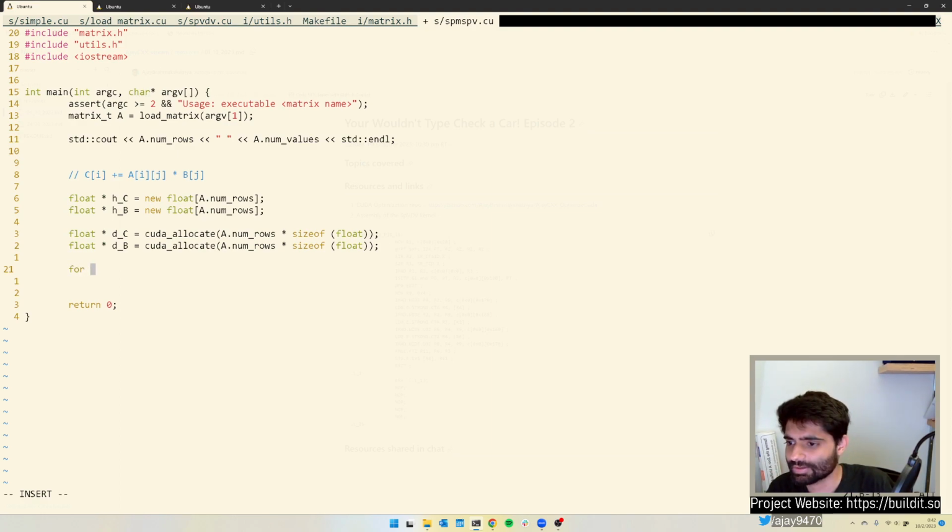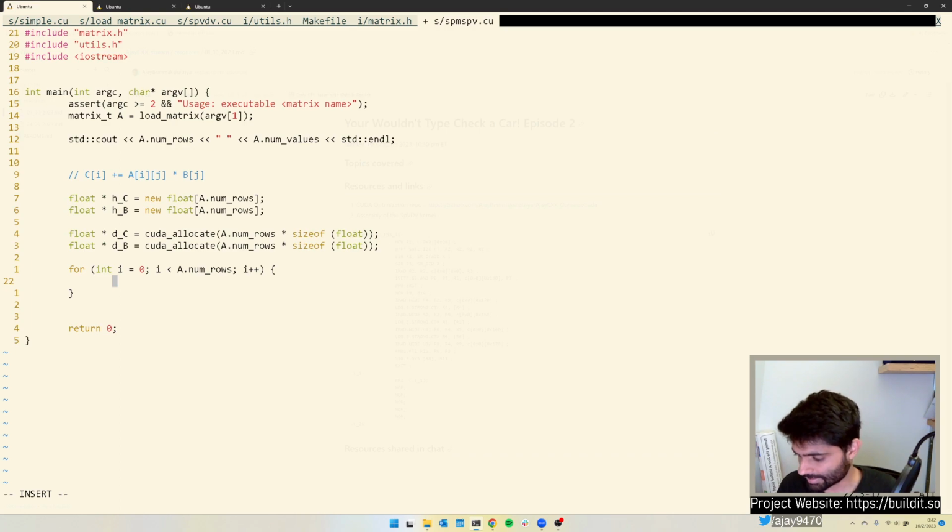So I'm just going to quickly write the loop for that. This is going to run on the host. We could also run this on the GPU, but for now, let's just run it on the host. Let's say a dot rows, because this is not an expensive operation. It's order of the number of rows, so that's why it's okay. First of all, we need to identify how many neighbors this particular row has, or how many non-zeros this row has. So we say int degree equals, how do we compute that? We take the row pointers and subtract this row pointer from the next row pointer.